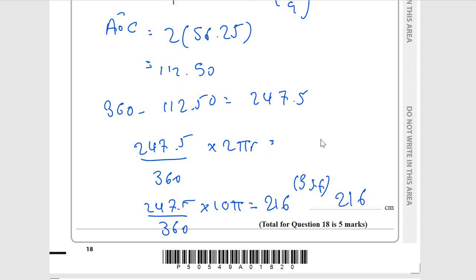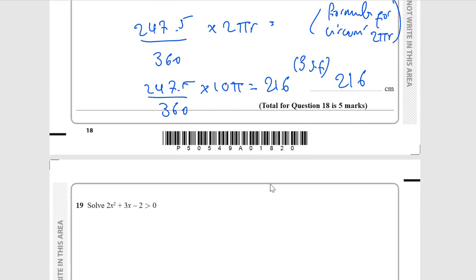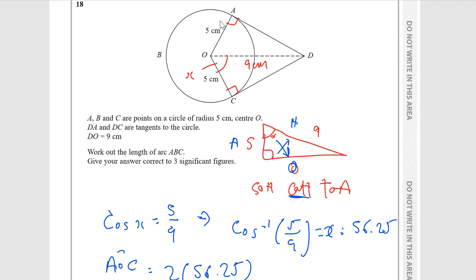Remember that formula for circumference is 2 pi r. Okay, so it's 21.6 centimeters. So this one here is 21.6 centimeters.